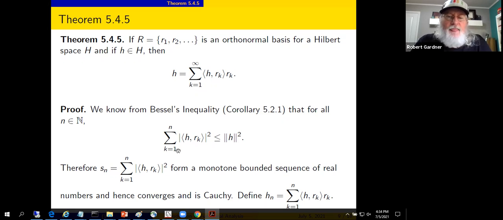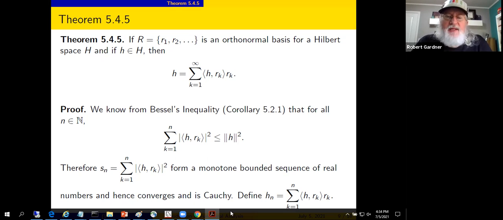The claim is, if we had this kind of representation, if the r sub k's were an orthonormal basis, I think it's an orthogonal set is what we had. And we looked at the sum of the modulus of these inner products squared that was less than or equal to the norm of h squared. The h occurs here and here, and the r sub k's come from, I think it was an orthonormal set.